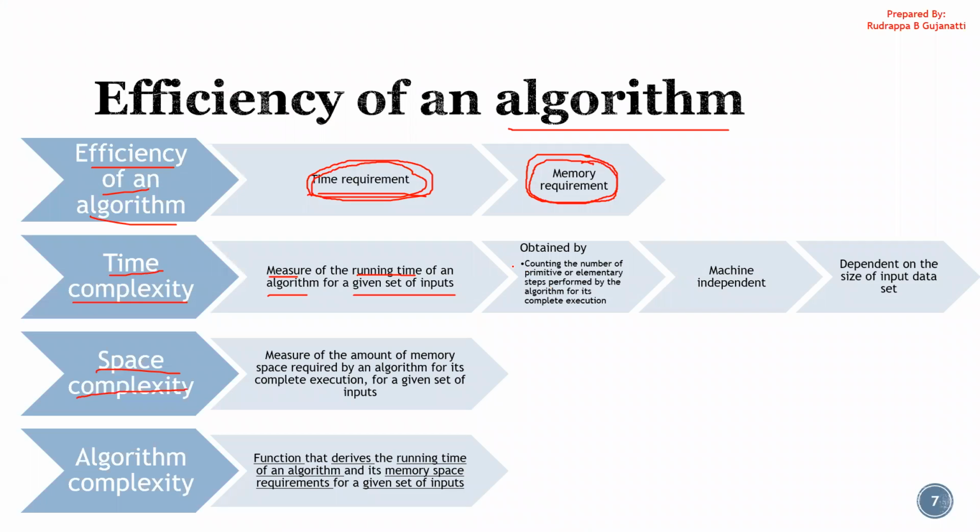If I'm able to count the primitive or elementary steps which we perform to obtain the outputs from the algorithm, those steps give us the information pertaining to time complexity.